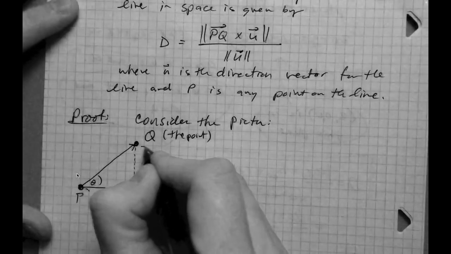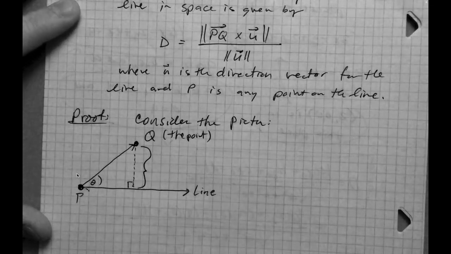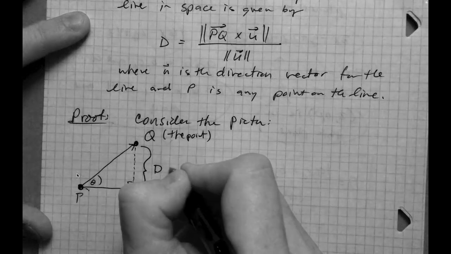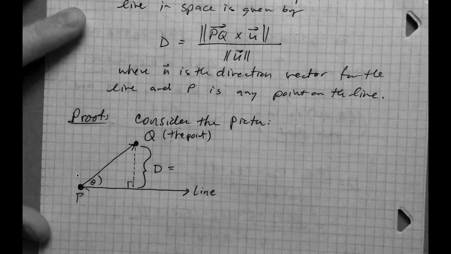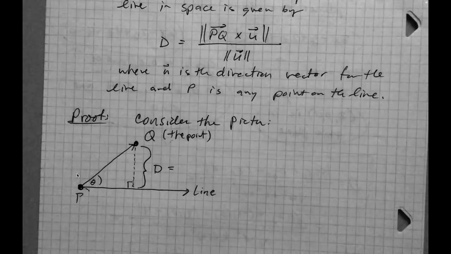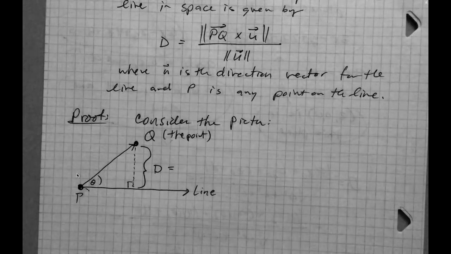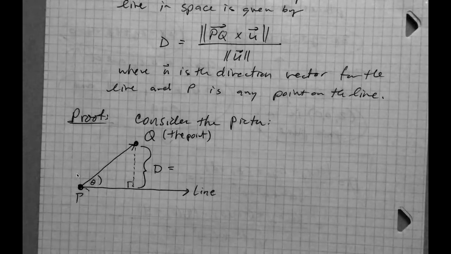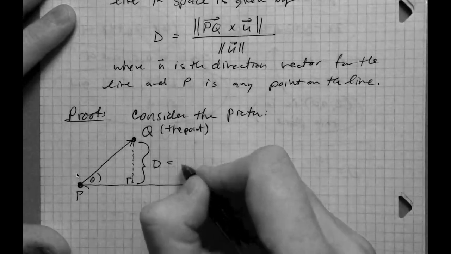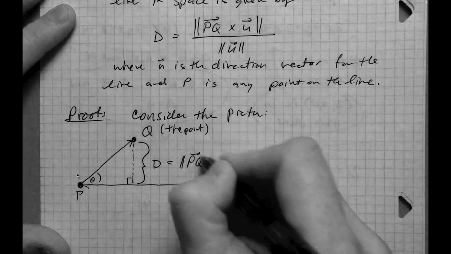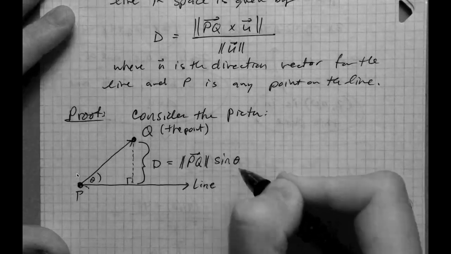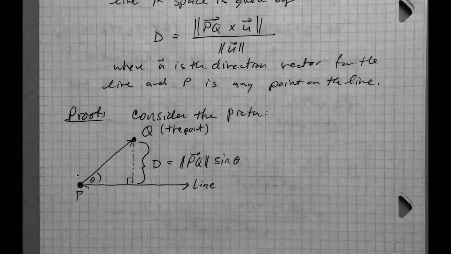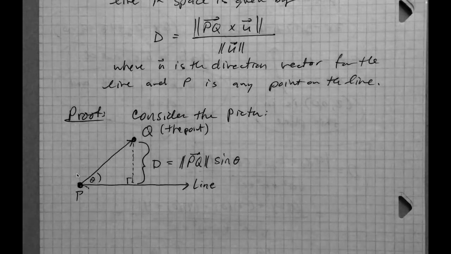So we're interested in this. So this is D. Okay, and in this case, again, this goes back to a little bit of trigonometry, but depending on the length of PQ, you basically multiply that length times the sine of theta, this angle theta. So D here is equal to the norm of PQ times the sine of theta.